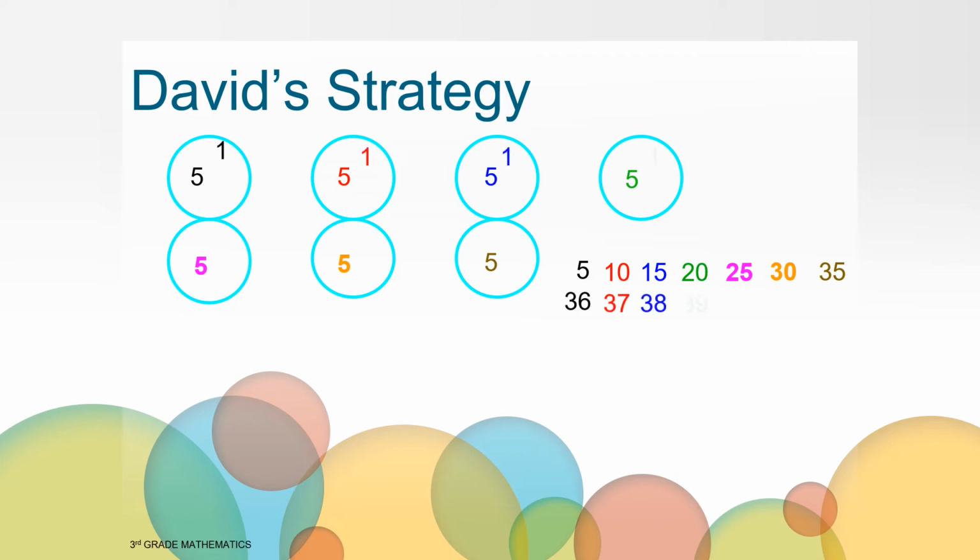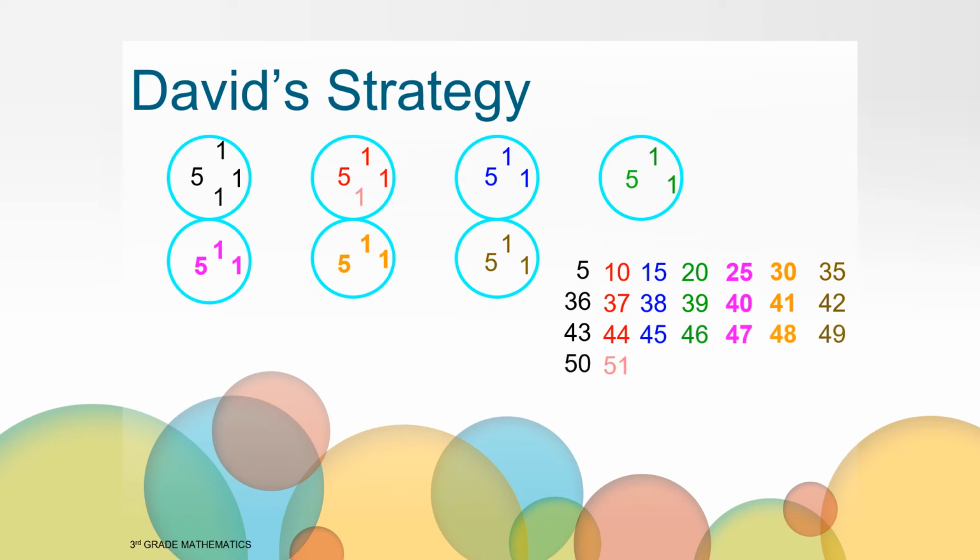36, 37, 38, 39, 40, 41, 42. He still has more, so he keeps going until he gets to 56 flowers. 43, 44, 45, 46, 47, 48, 49, 50, 51, 52, 53, 54, 55, 56.